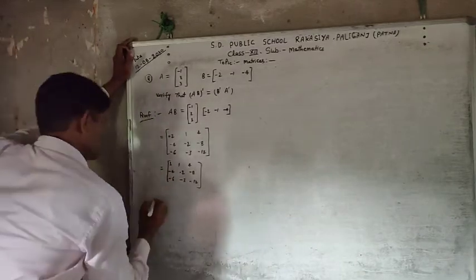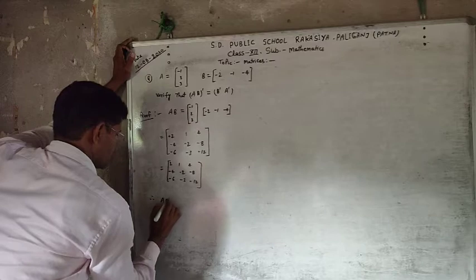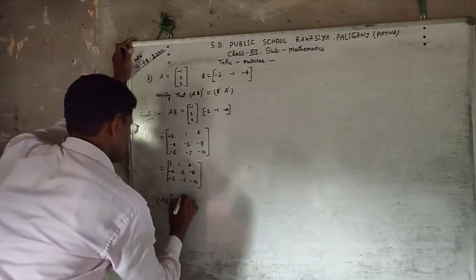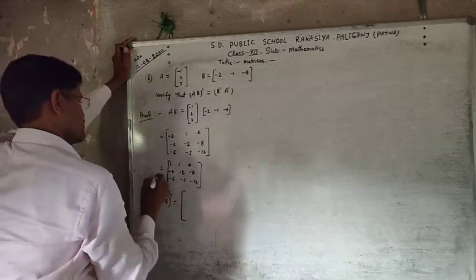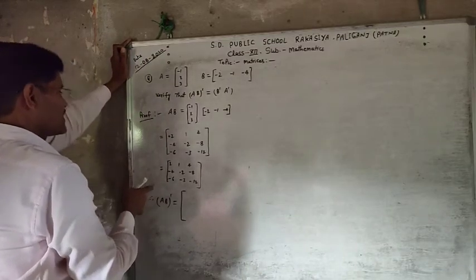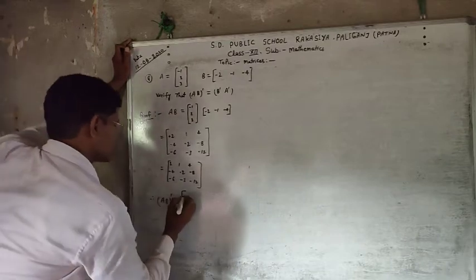Now (AB) transpose is the matrix obtained by interchanging the rows and columns of the matrix AB.